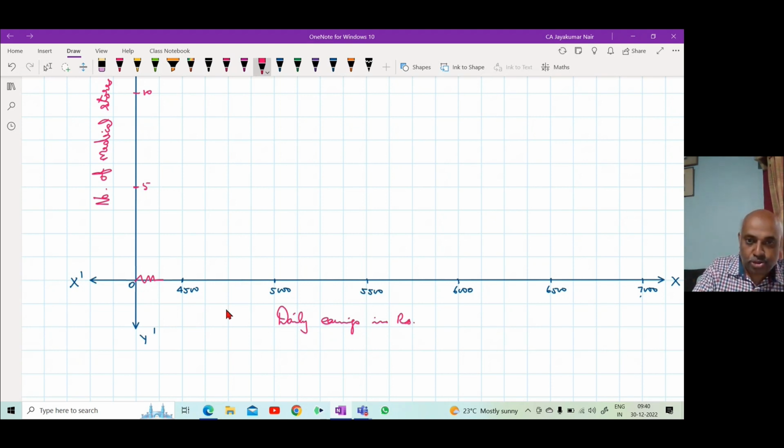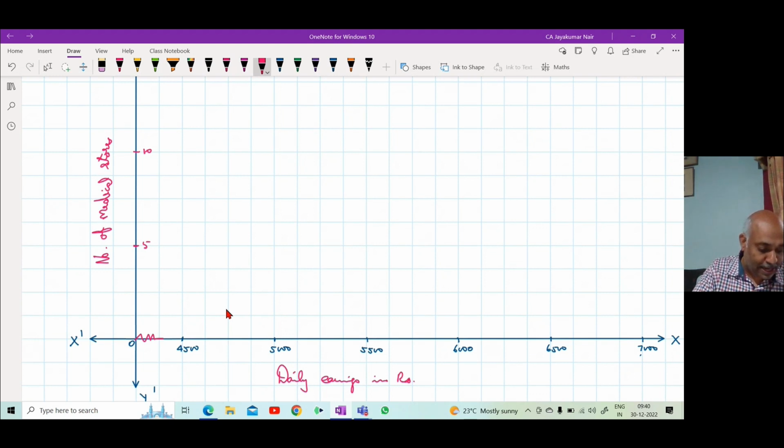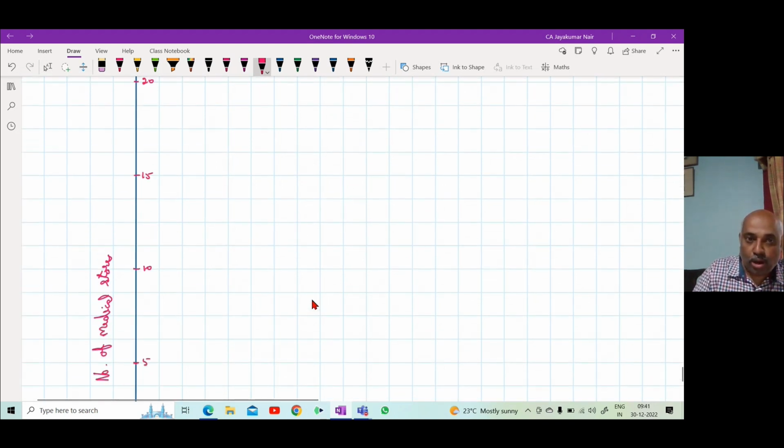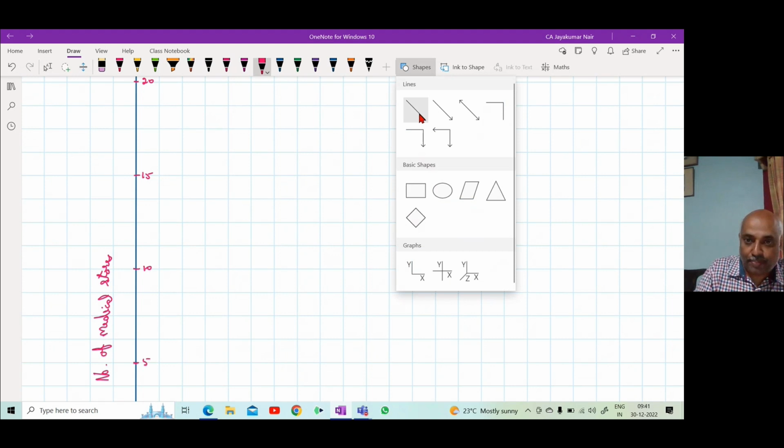So now we have to draw the histogram to estimate the mode. So 4,500 to 5,000. Number of medical stores is 20. Therefore, how do we draw the histogram?